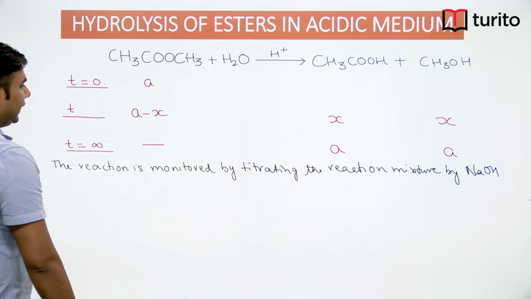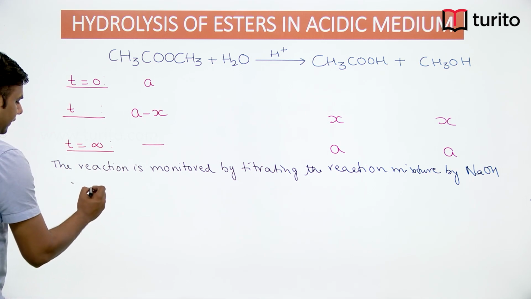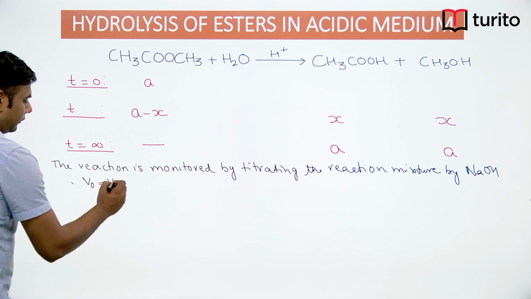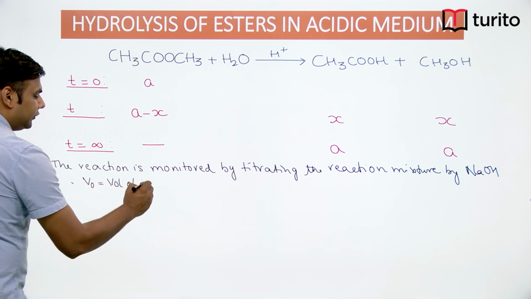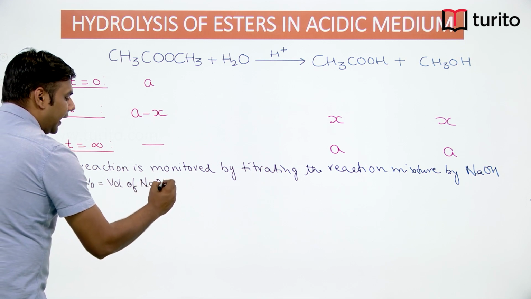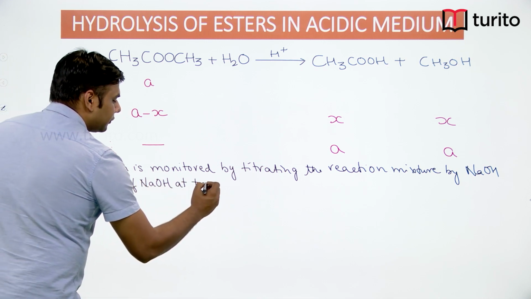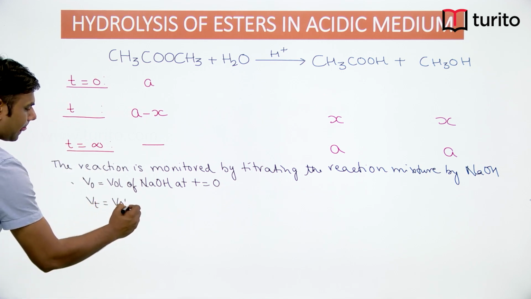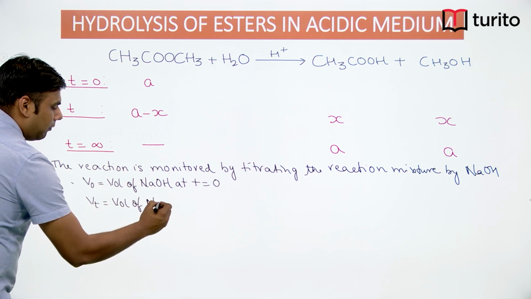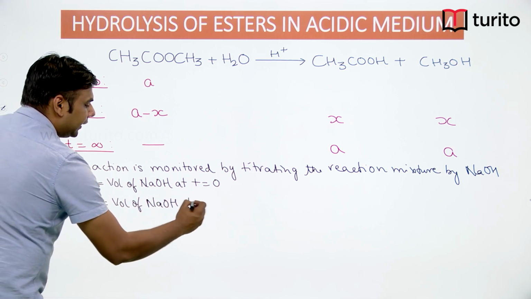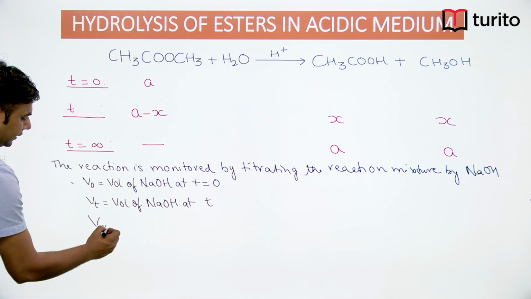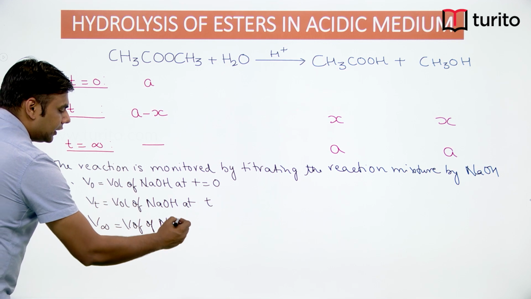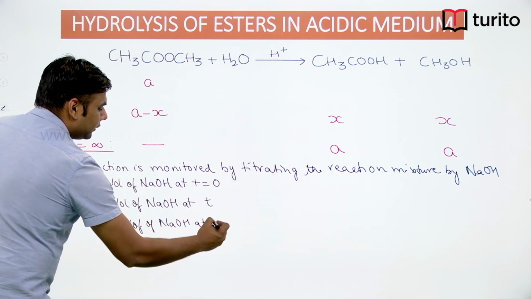So we say that V0 is the volume of NaOH consumed at t equal to 0, Vt is the volume of NaOH consumed at time t, and V infinity is the volume of NaOH consumed at time t equal to infinity.